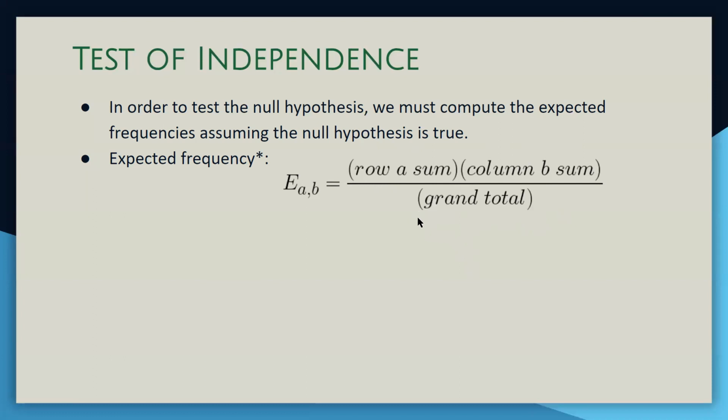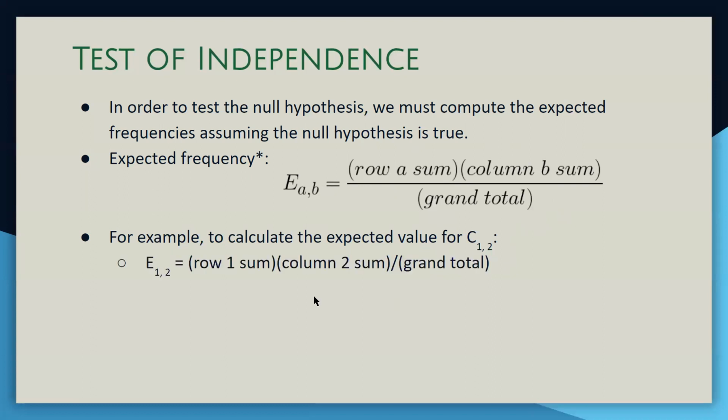This means for a table like we saw in the previous slide that had 3 rows and 2 columns, there were 6 cells. We'd have to do 6 different expected frequency calculations. So for cell 1, 2, so row 1, column 2, I would do the row 1 total times the column 2 total divided by the total sample size.